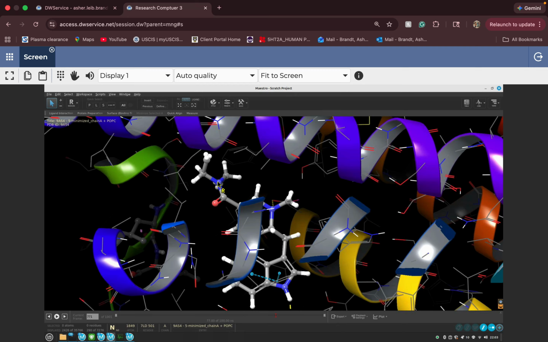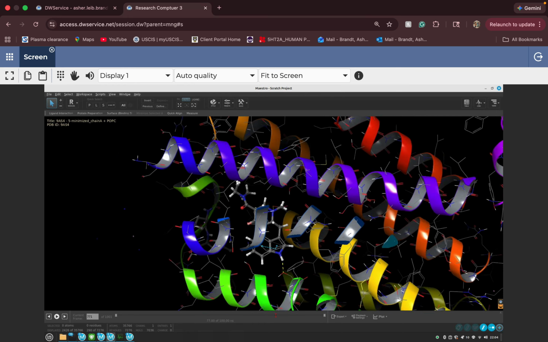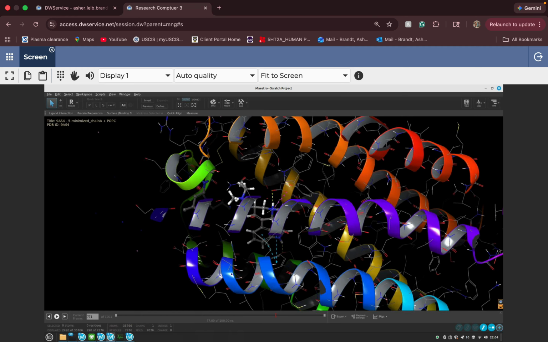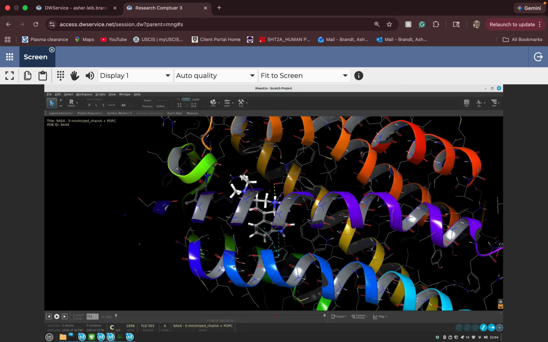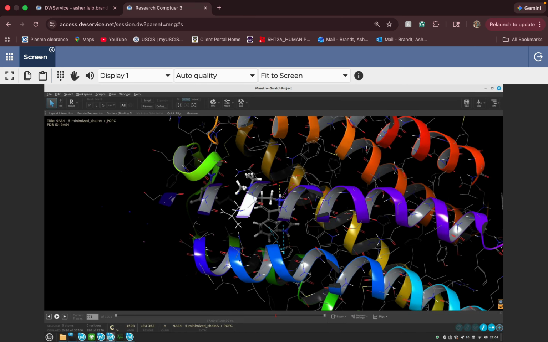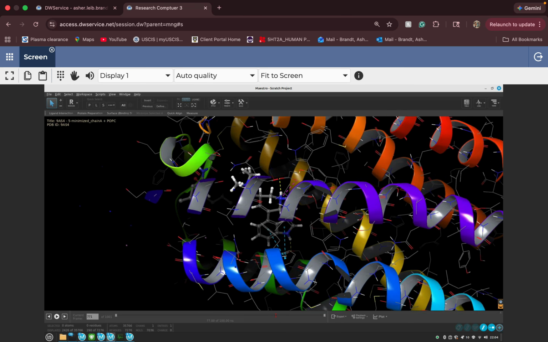The leucine forms hydrophobic interactions with the diethylamide moiety, holding it down inside the receptor. I say 228, 229 because in MD simulations you do see both those amino acids interact with it.